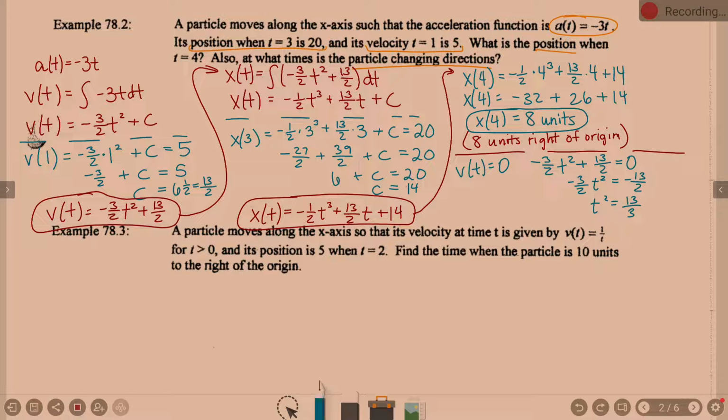Pretty sure this is how it's supposed to work out, yeah. And so what is t? If t squared is 13/3, then t is the square root of 13/3.